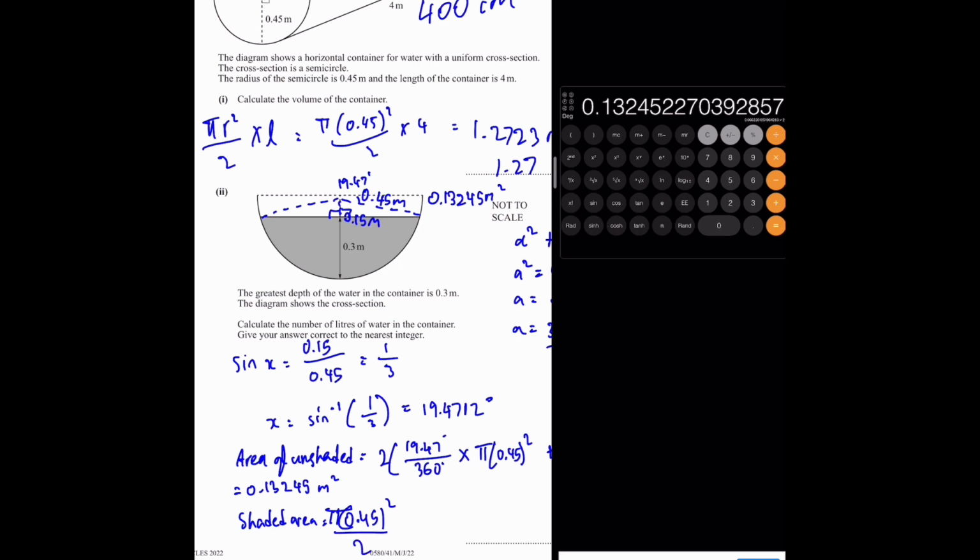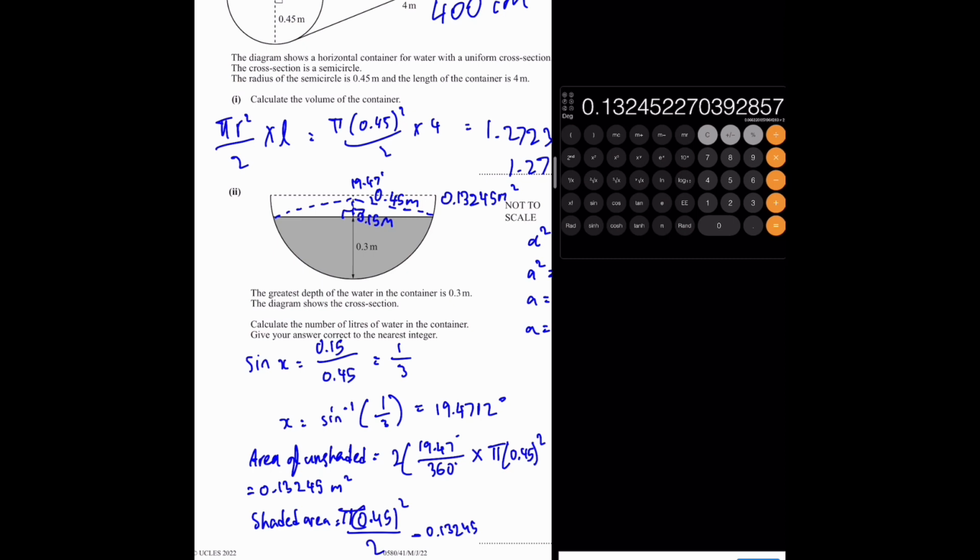So 0.45 squared into pi divided by 2, we get this value minus 0.13245.